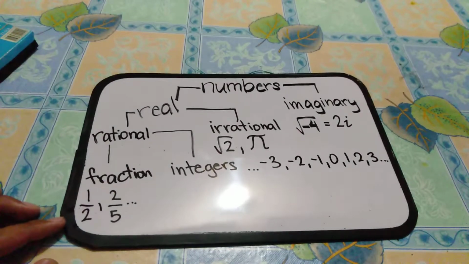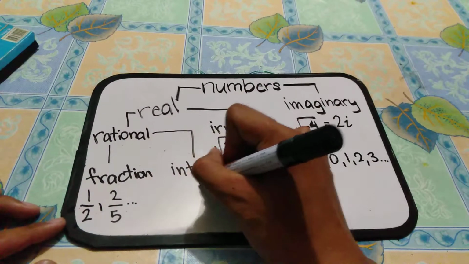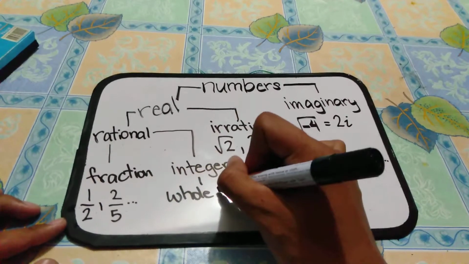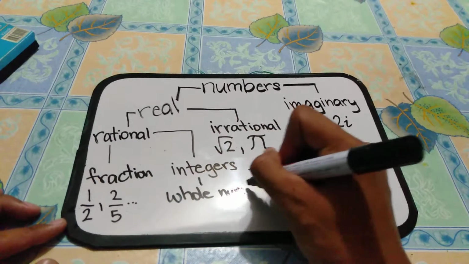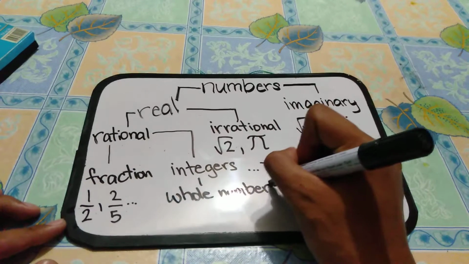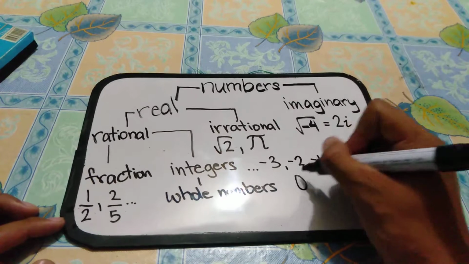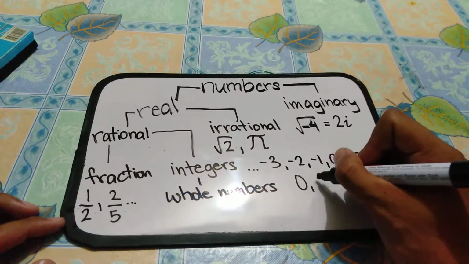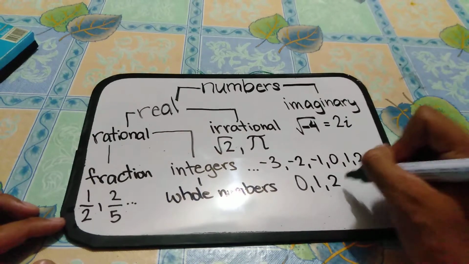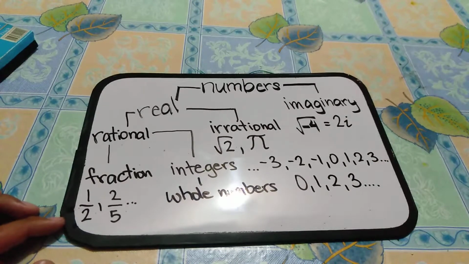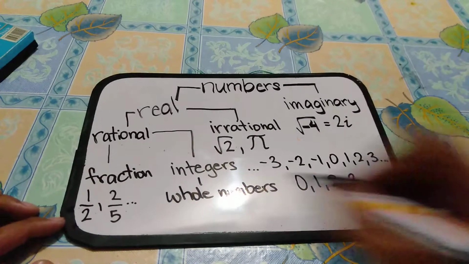In integers, we have whole numbers. Whole numbers are the numbers starting from 0 up to the positive numbers. 0, 1, 2, 3, and so on and so forth.